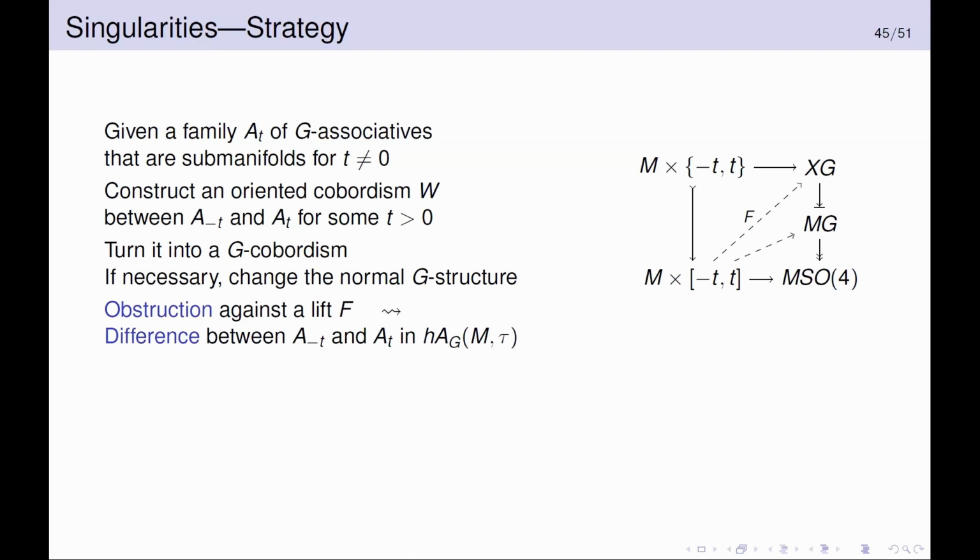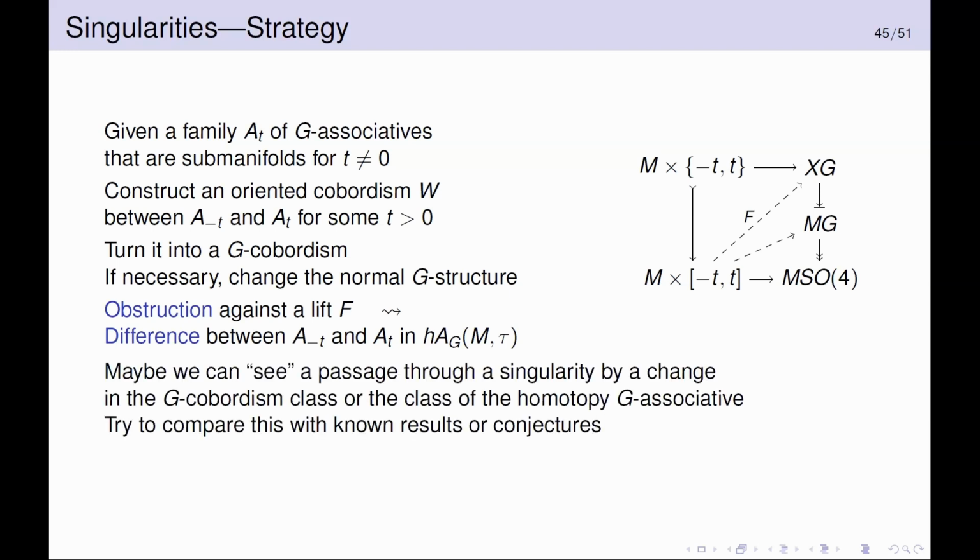So we try to lift with respect to this collapse map from XG to MG and get capital F. And the obstruction against this lift F would then be the difference between A_{-t} and A_t in the space of homotopy classes of homotopy associatives, not space set. And thus, we hope that we can see the passage through a singularity by a change either in the G cobordism class or in the homotopy G associative class. And we can try to compare this with results that people have obtained from the analysis of these problems.